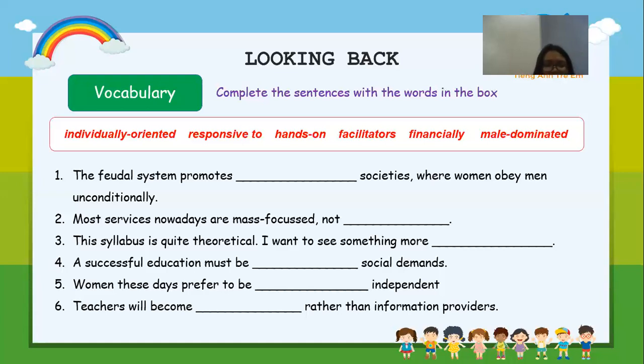So number one, the feudal system promotes blank societies where women obey men unconditionally. Number two, most services nowadays are mass focused. Ah, okay.